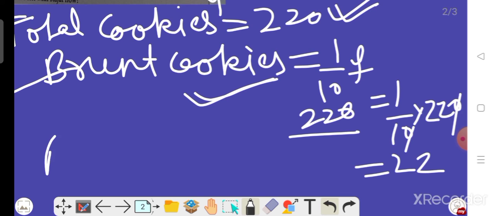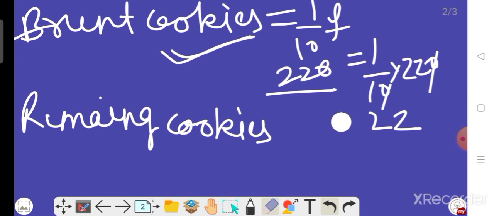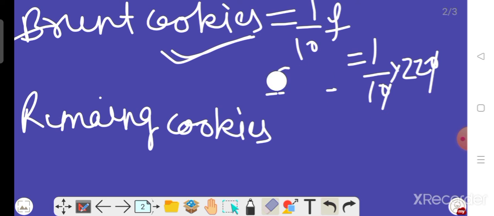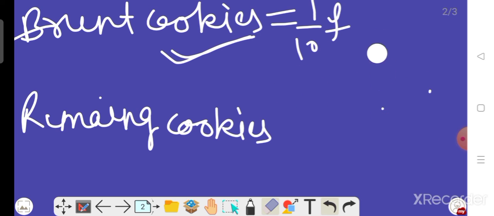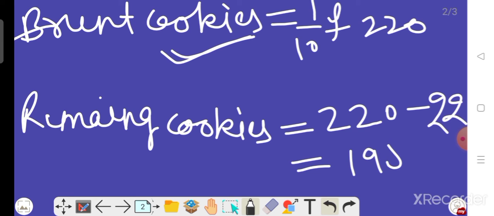So the remaining cookies are equal to 220 minus burnt cookies, and that is 22, and this is equal to 198.